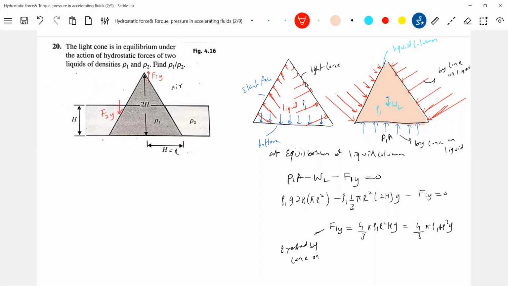F1y is what I calculated, the force exerted by the liquid inside on the cone. Now similarly we'll calculate F2y. How to calculate F2y? Again I'll go for the previous particular thing.